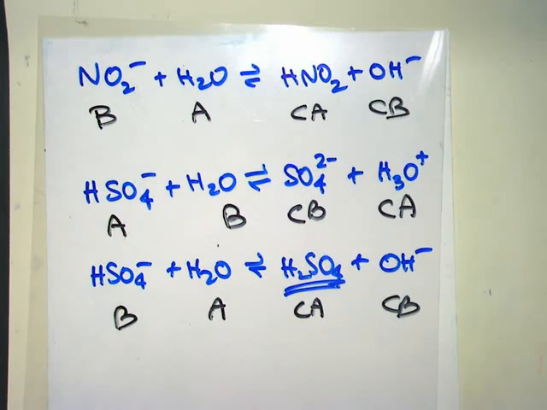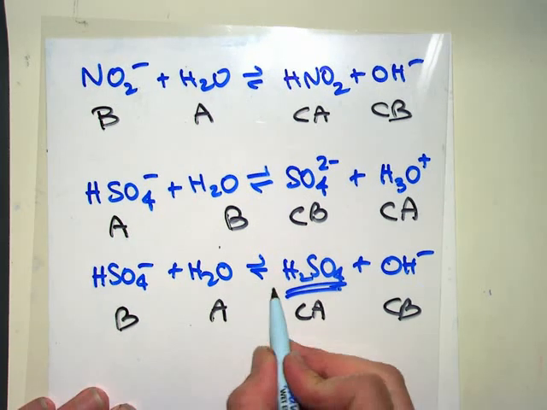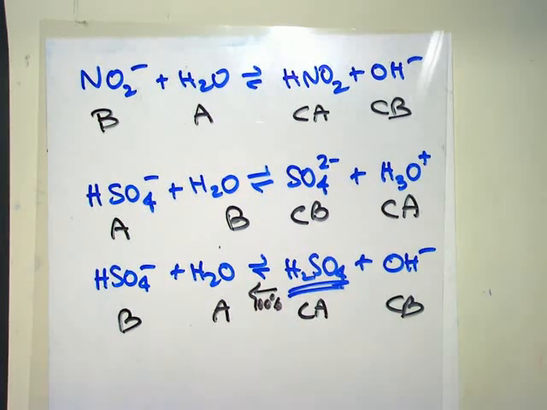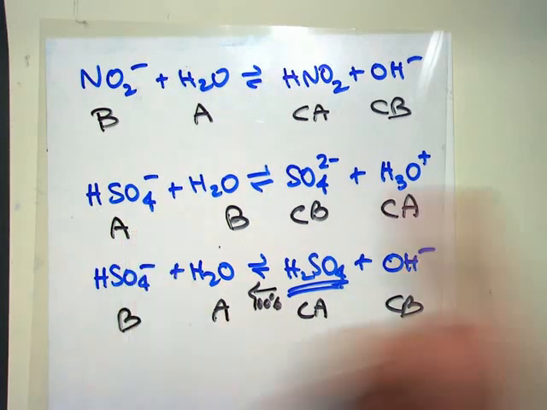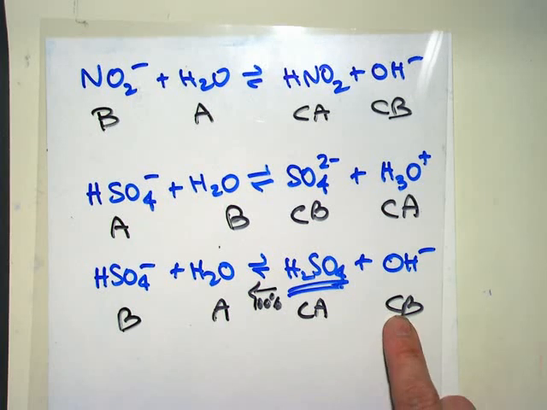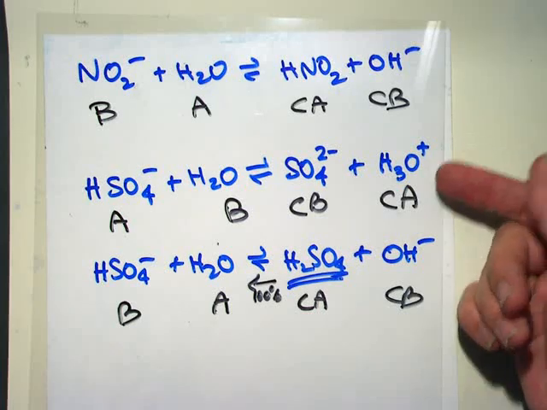Now, if water acts as a base, as in this case, that means it's accepting a proton to become this. So it depends what this is, what water does. And so when this is a base, you'll get this kind of reaction. This is the general reaction for a base. When this is an acid, you'll get this sort of product, and this is a general reaction for an acid.